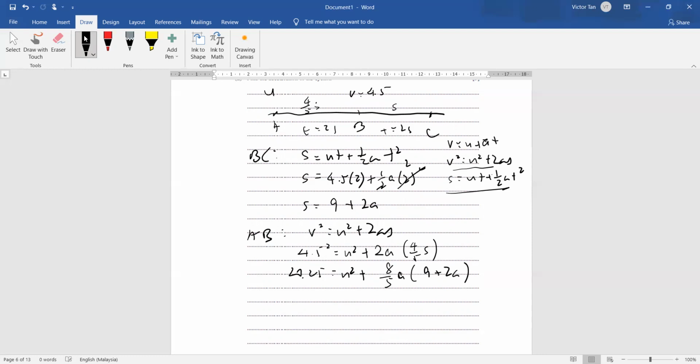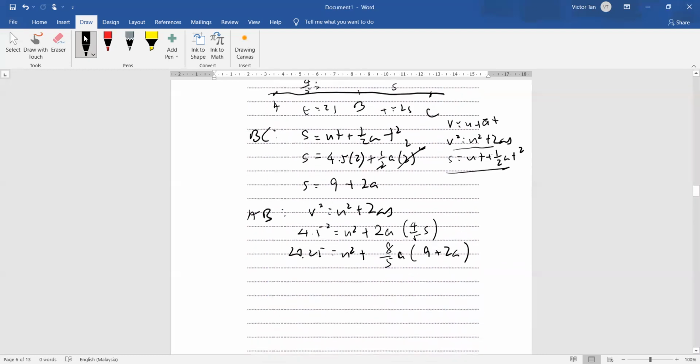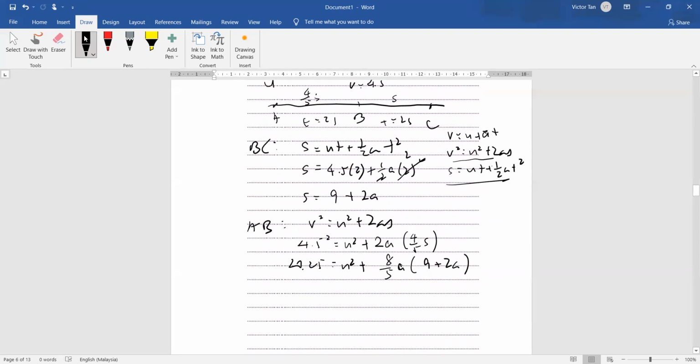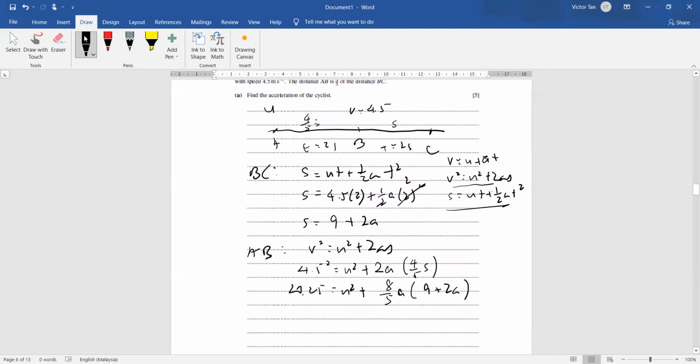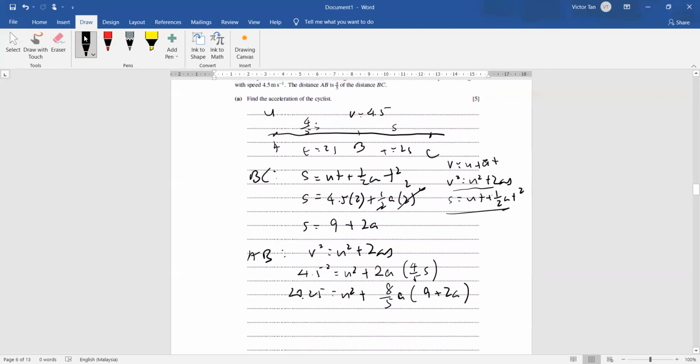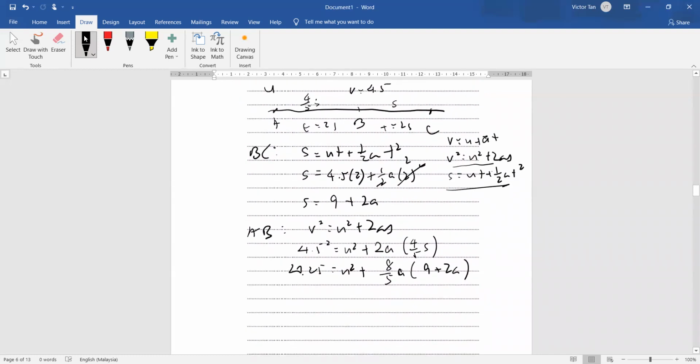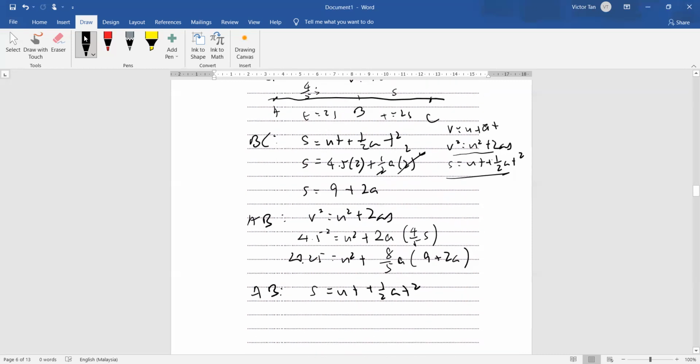Okay, what I'm going to do is use this equation, S equals ut plus half at square, for all of the journey, A to B. So you have 9 over 5 S equals 2U plus half A times.